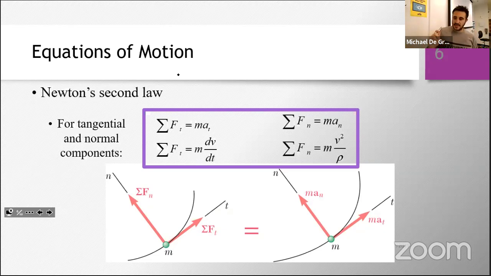If I have something that is set up in normal and tangential coordinates, check it out. Here it is. This is my mass, right here, my particle. Tangent to it at any point along its path, you can see the curved motion, you will have some component that's running tangential to this path and one that's running normal. By normal, I mean back along the radius of curvature, right? The easiest way of imagining this is also our integrated faith, learning, and work for the day: David swinging his sling around his head, okay?